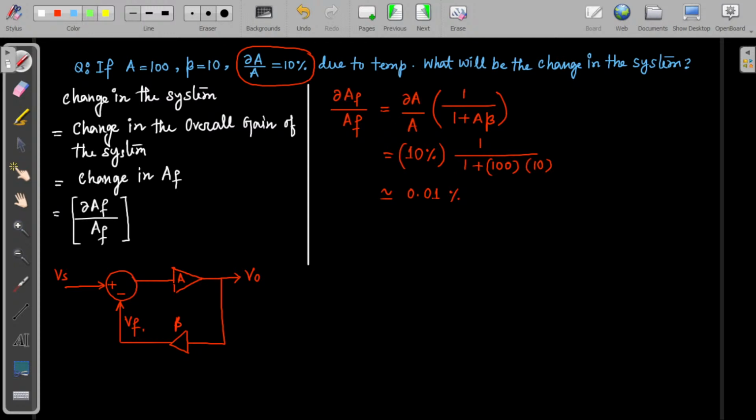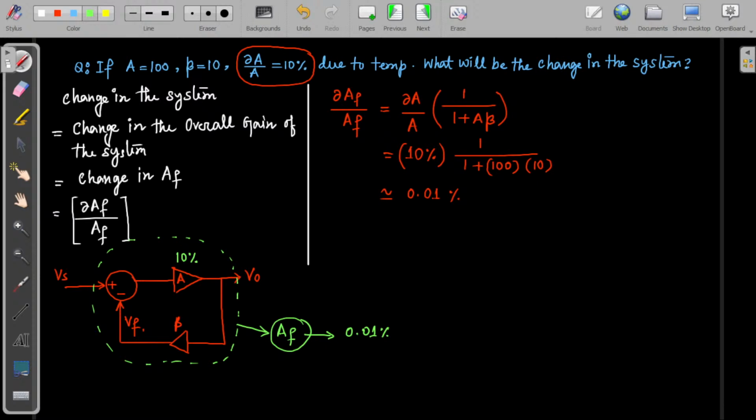the gain of the basic amplifier is changing by 10%. But if the basic amplifier gain changes by 10%, then the overall system gain, the overall system gain will be your AF. So this AF will only change by 0.01%.